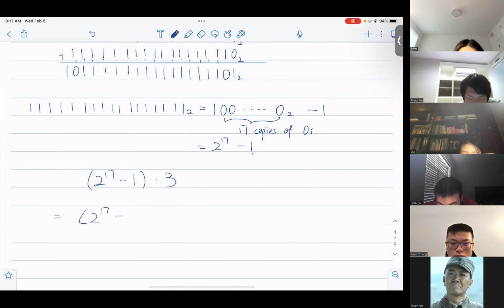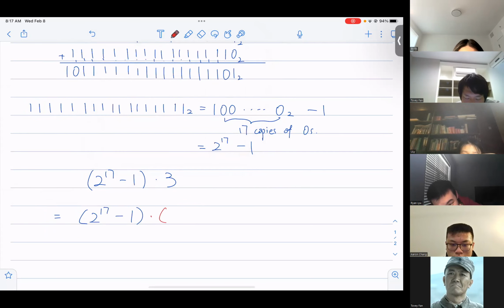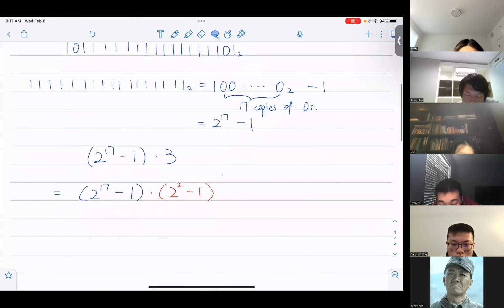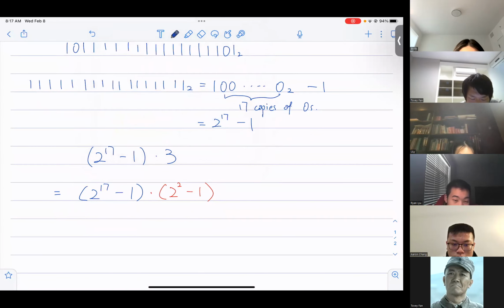So here comes a key point. We want to express our result, our product, in powers of 2s. So I'm going to change my 3 into 2 squared minus 1. Okay, so in this case, you have a bunch of 2 squared, right? Now you can have 2 to the 19th.